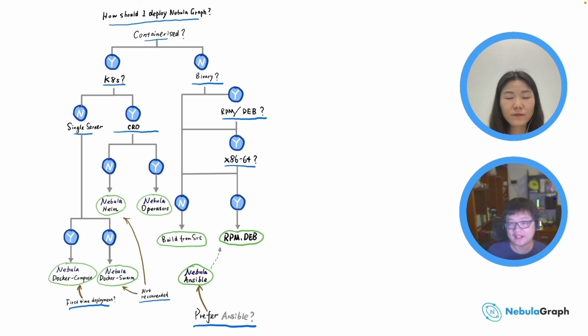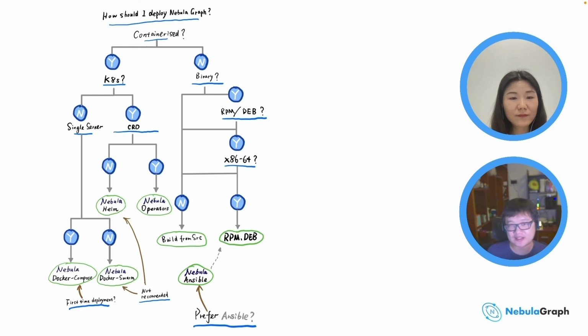And there are no big differences, basically they are the very same core binary in both the container images and your binary packages or the source code that you would like to build. One thing I would like to highlight here is that our Nebula Operator is rapidly evolving these days.